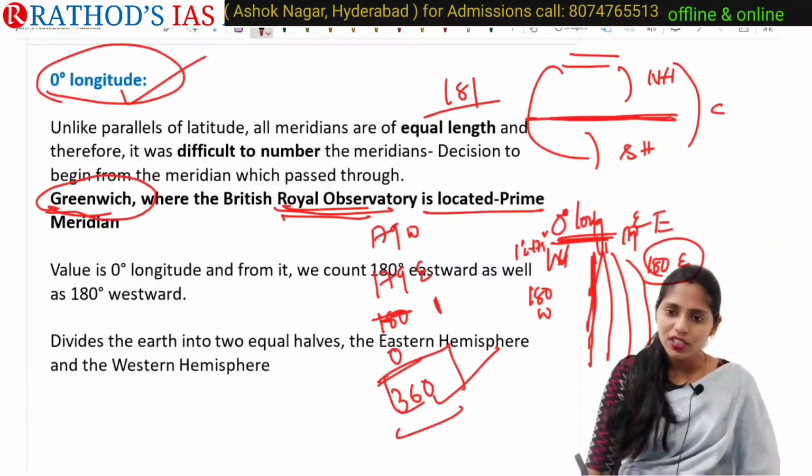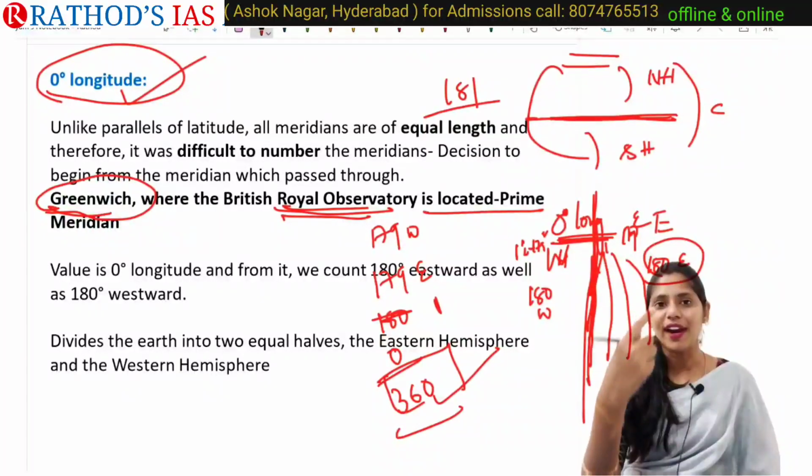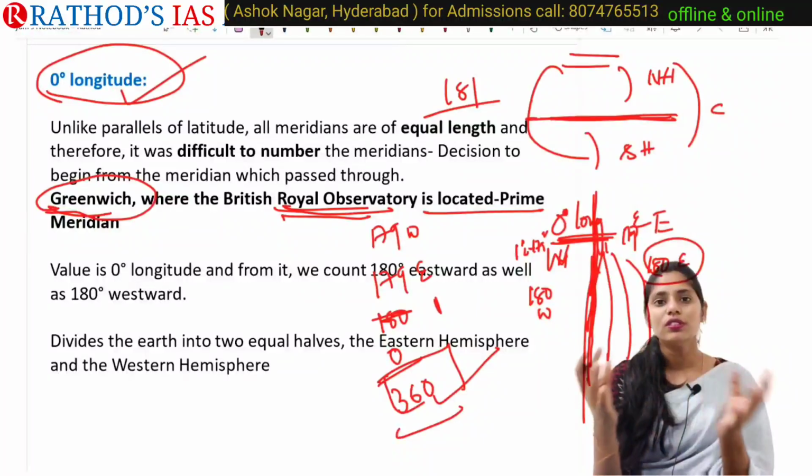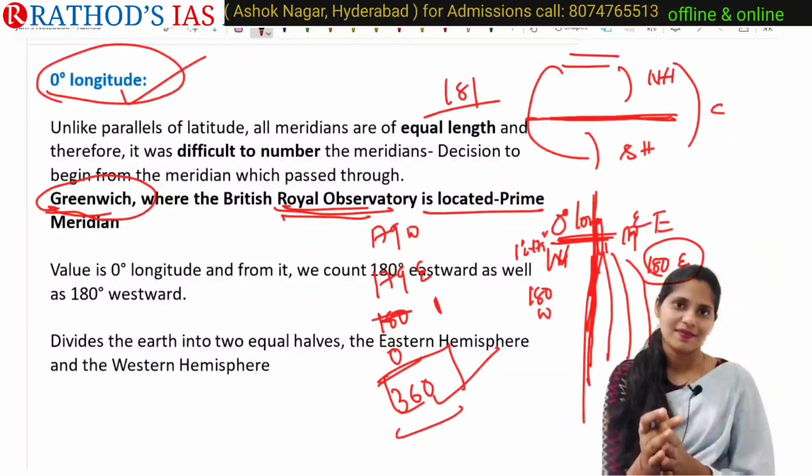This 0 degree longitude divides our earth into two equal parts, the eastern part and the western part.